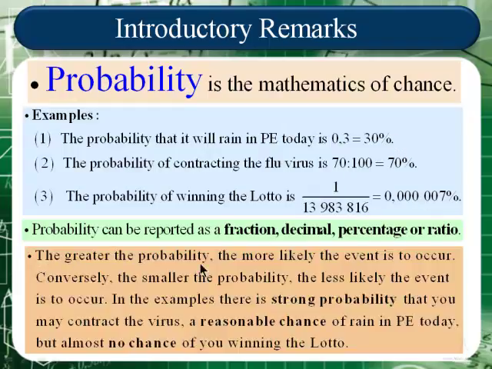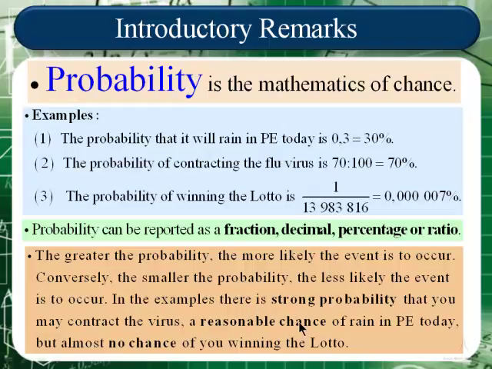The greater the probability, the more likely the event is to occur. Conversely, the smaller the probability, the less likely the event is to occur. If we look at the three examples, there is a strong probability that you may contract the virus because the probability is 70%.